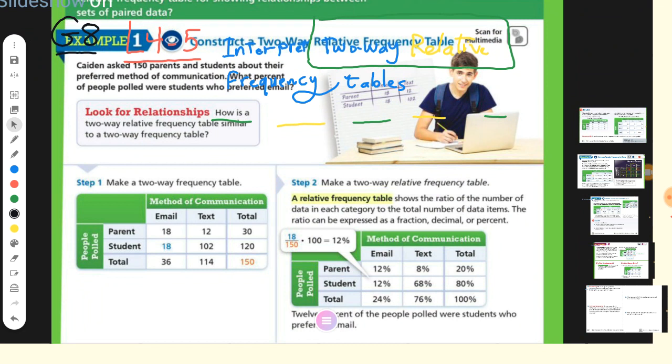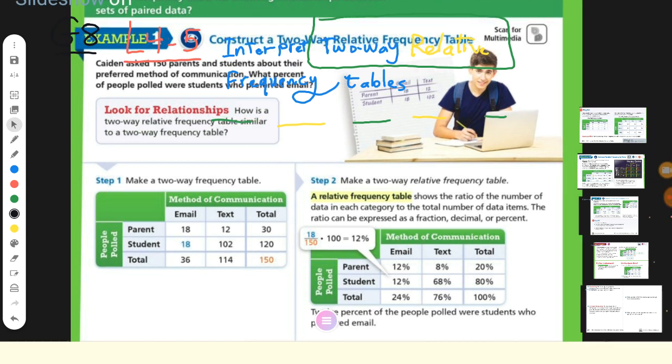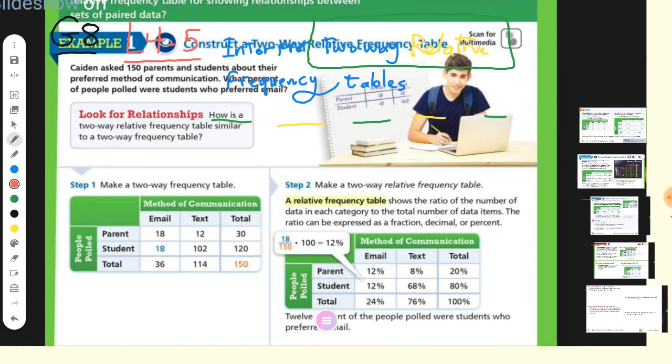We will ask them the method of communication they prefer, email or text messages. So I will ask the parents and the students. How many parents? I will ask 30. How many students? 120. The total number of the population should be 150, which is the total of all.